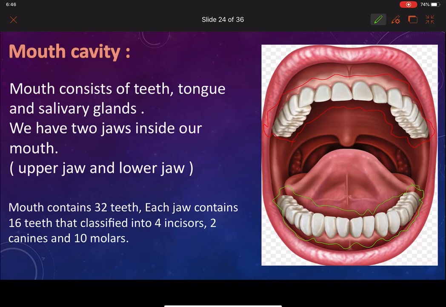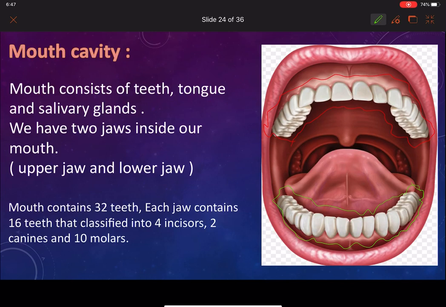Okay? So we also have two types of teeth, the adult teeth and the milk teeth. In our lesson, we will study the adult teeth, which exist in the adult person. The mouth of an adult person contains 32 teeth.